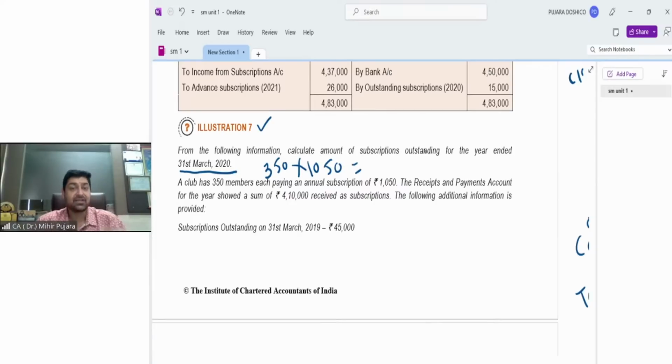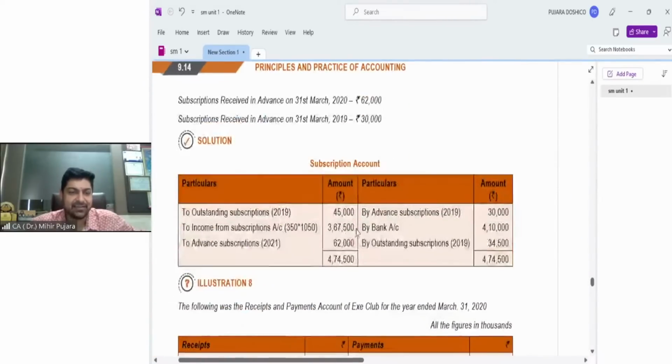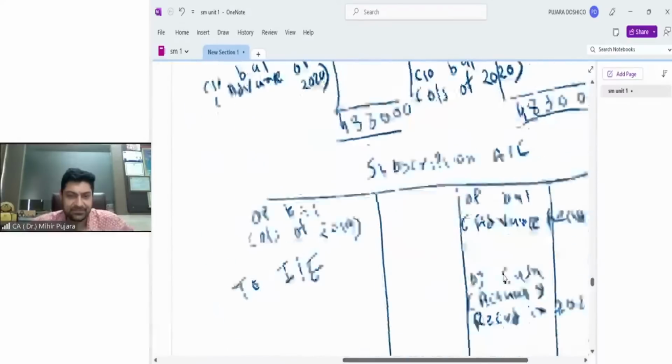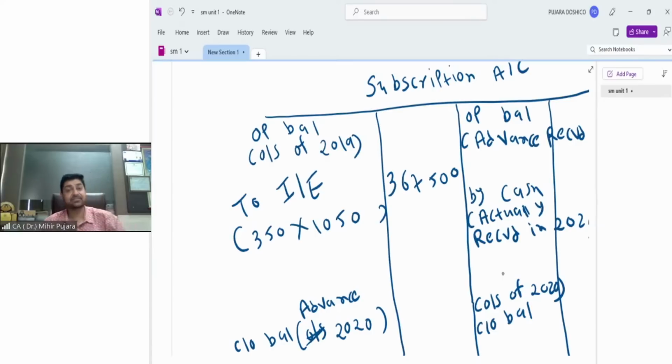So whatever this figure is, it is our directly income figure. 367500 is directly income figure. Yes, guys, simple.